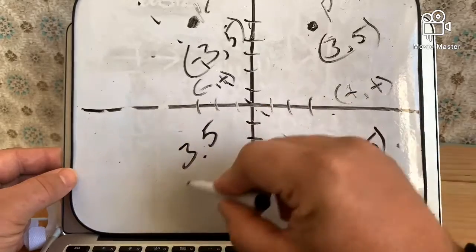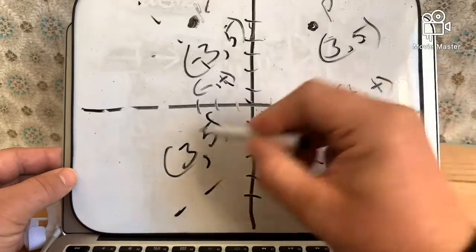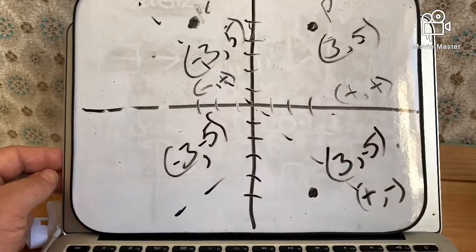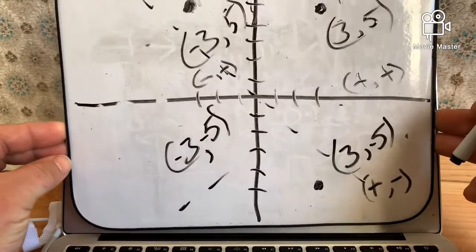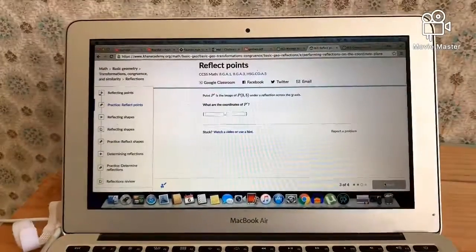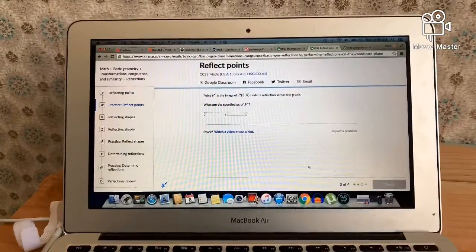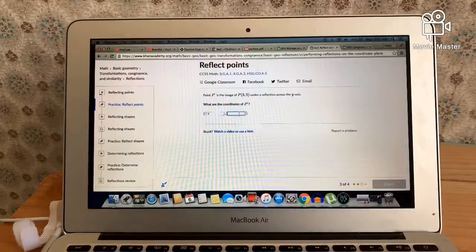But now we think, well, the quadrant is going to be negative, negative, so I should have negative 3, negative 5. That might be a little confusing, but that's the mathematical way to think about it, and then there's the logic way to think about it. So when I put in my answer, I should be putting in negative 3, positive 5.